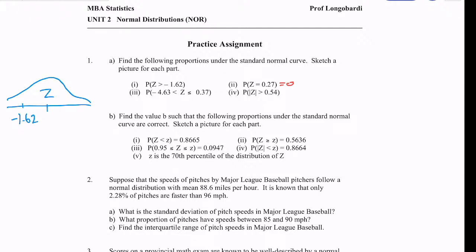And I want to figure out this, the area to the right. This is what I'm asking for. So what's the chance of an observation being 1.62 standard deviations below the mean or greater? That's what that means.